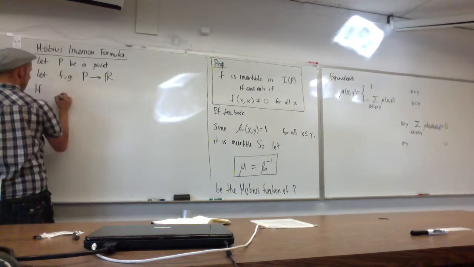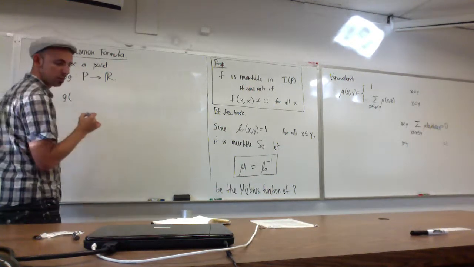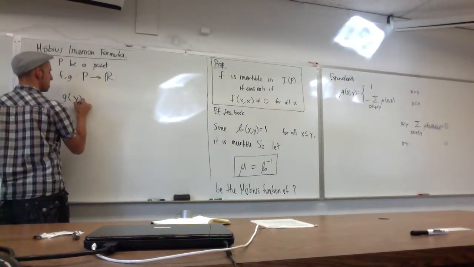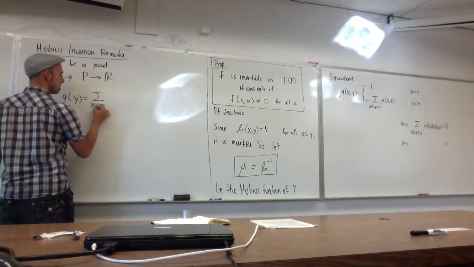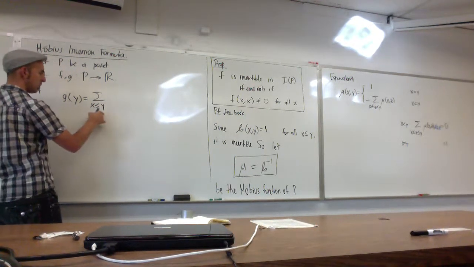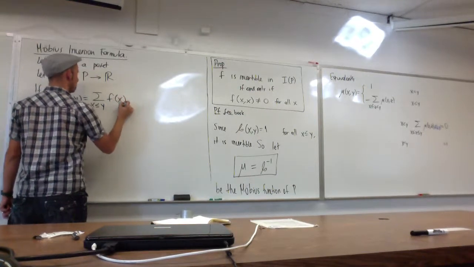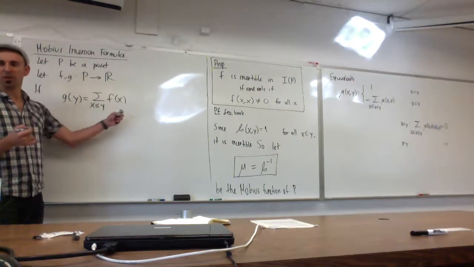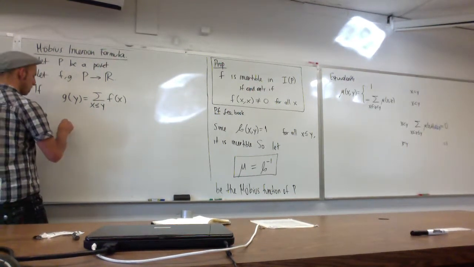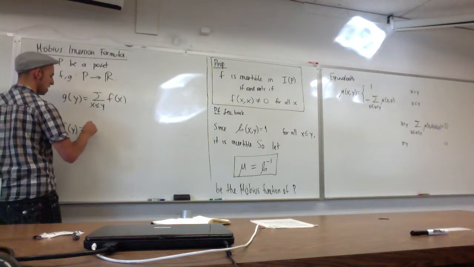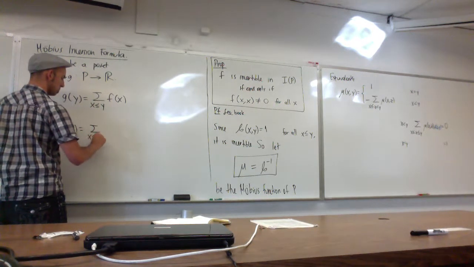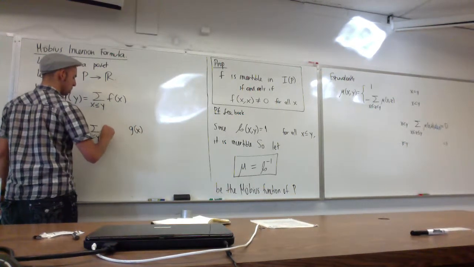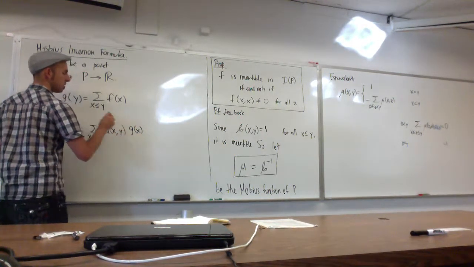If you have that, let's see what notation did I use here. Okay, I don't like that notation, let's use this. G of y is equal to the sum over x less than or equal to y of f of x. Then, if you express g in terms of f like this, then the way of expressing f in terms of g is almost the same. You're just supposed to put a Möbius function.